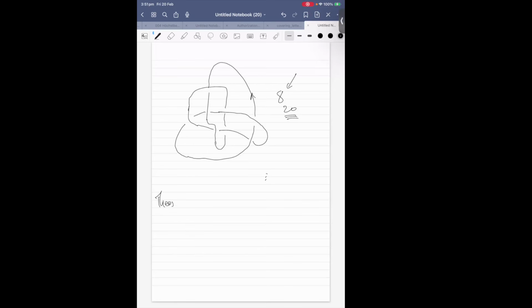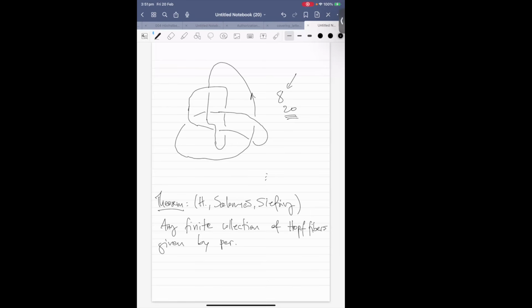There is another result, which is also in collaboration with Salomão and Siefring, stating that, of course assuming dynamical convexity, any finite collection of Hopf fibers given by periodic orbits of a dynamically convex flow on S3 forms a hybrid link, meaning that actually more can be said.